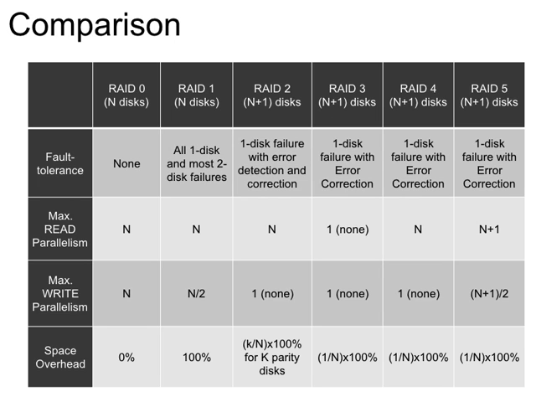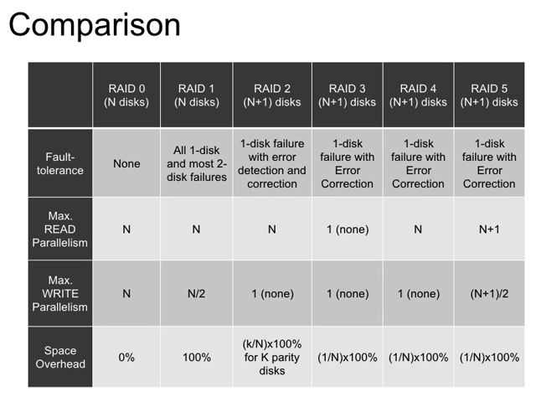RAID 1 protects you against all single disk failures and most two disk failures. The only failure it doesn't protect you against is if both the primary and the mirror disks fail at the same time. RAID 2 through RAID 5 protect you only against a single disk failure.